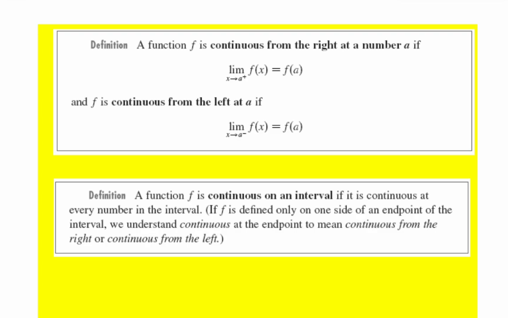Some are like that. Example: our square root function. It is not continuous at 0, but it is continuous as we approach from the right.